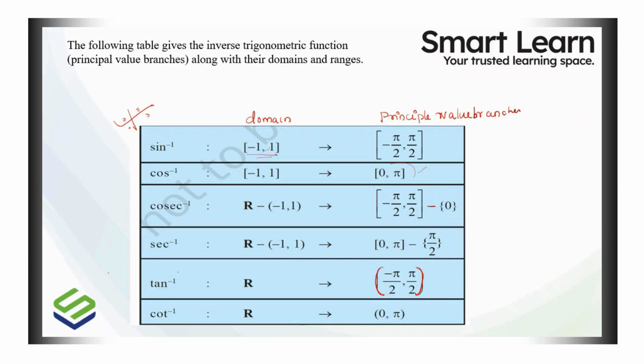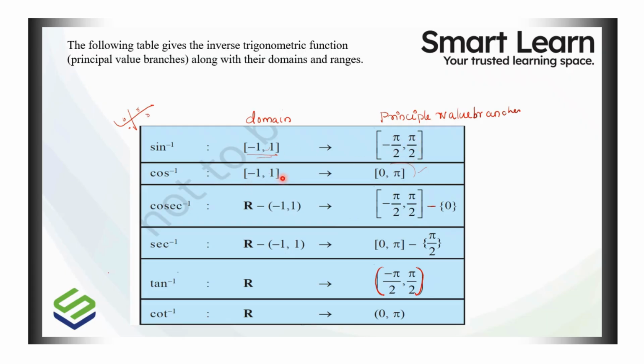This is the main topic, that you have to study. This is very important, children. So here you have to know the domain and the principal value branch of each inverse trigonometric function. Sine inverse: domain is -1 to 1, and the principal value branch is -pi by 2 to pi by 2.